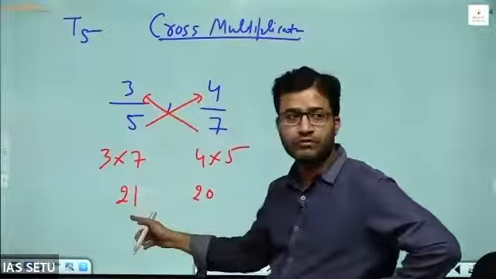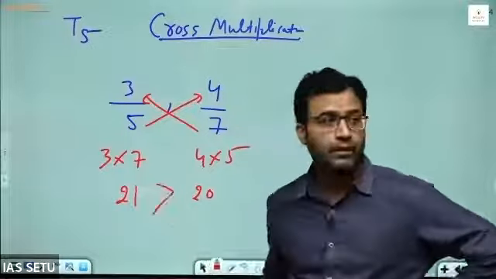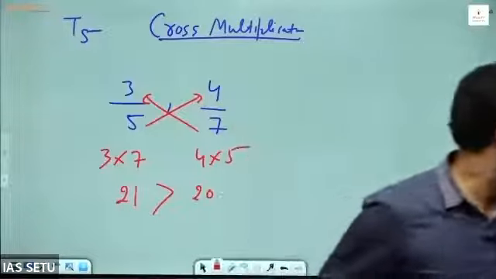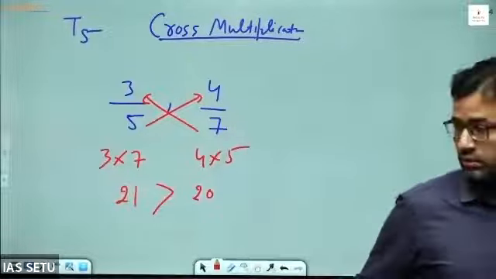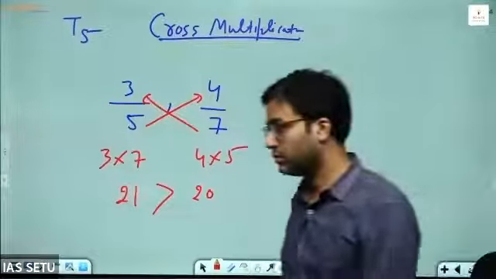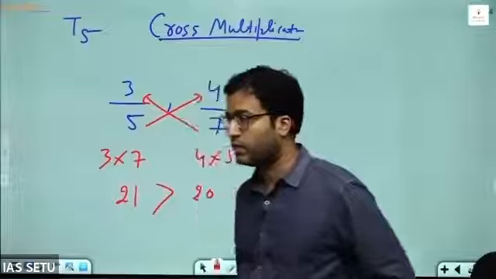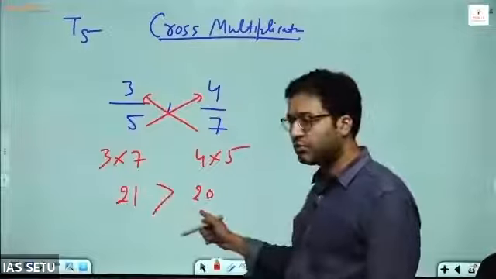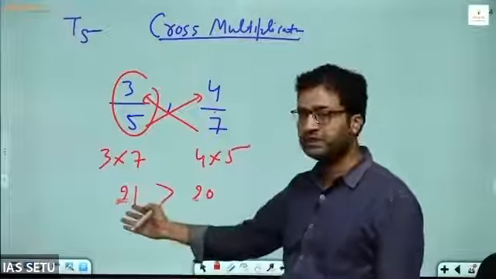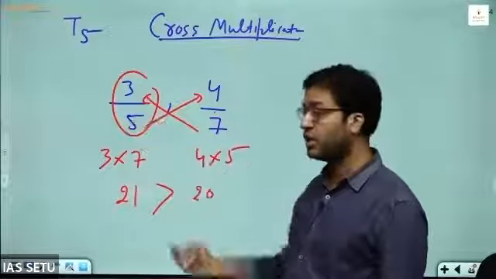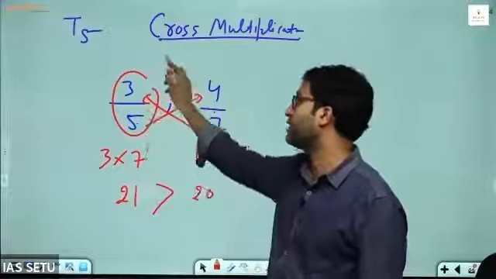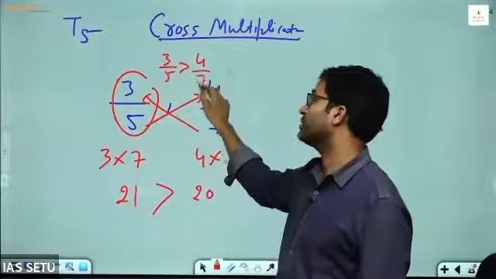Which is larger? 21 is larger. So 21 is larger than 20. So you can say left side fraction is larger than right side fraction. If left side multiplication is larger, so left side fraction is larger. If right side multiplication is larger, right side fraction is larger. So here 3 by 5 is larger than 4 by 7.